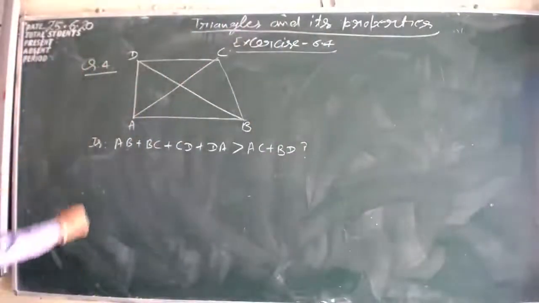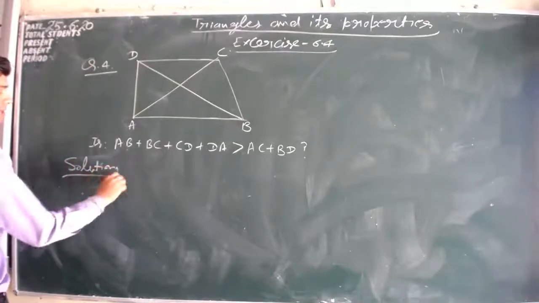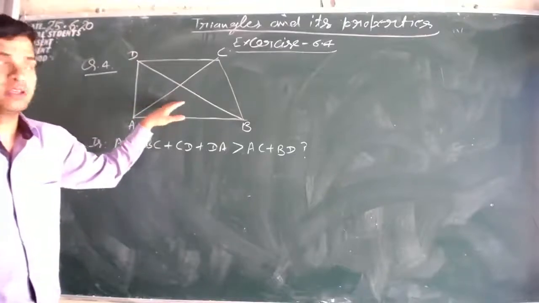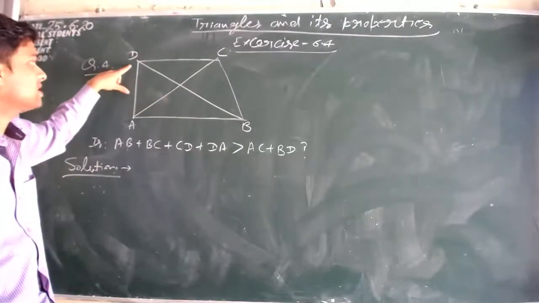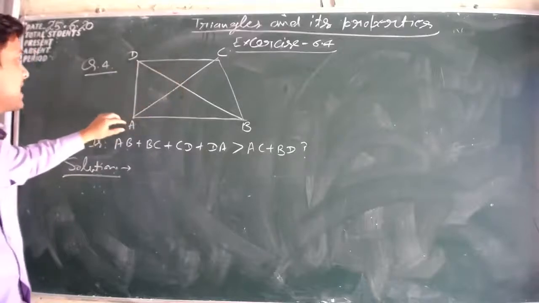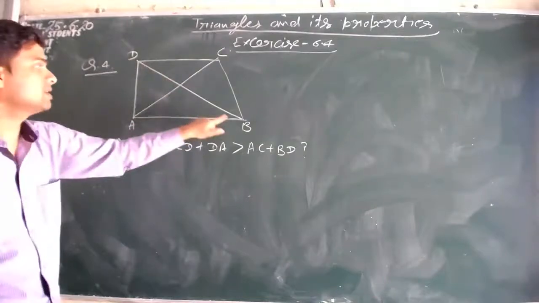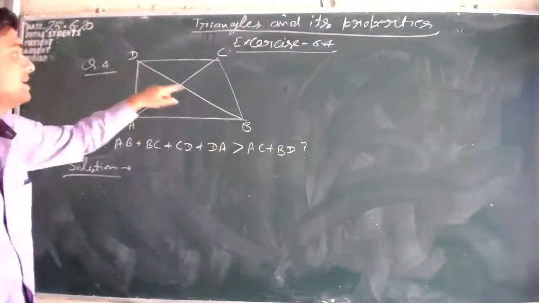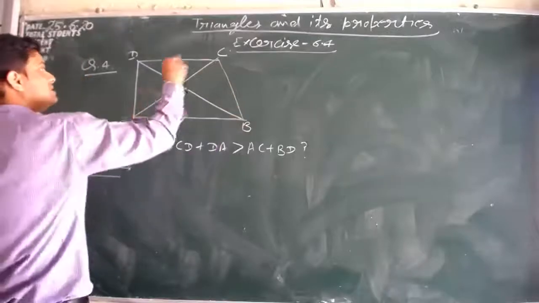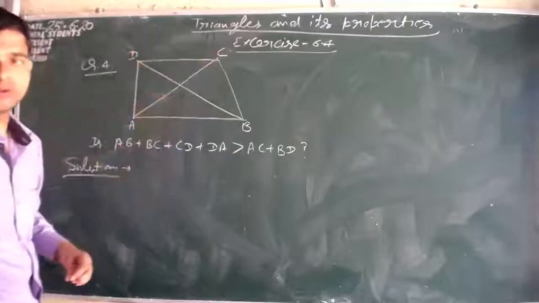For this, we have to consider some triangles in this figure. We can easily see that there are many triangles in this figure: ABD, triangle 1, BCD, and next triangle ADC.